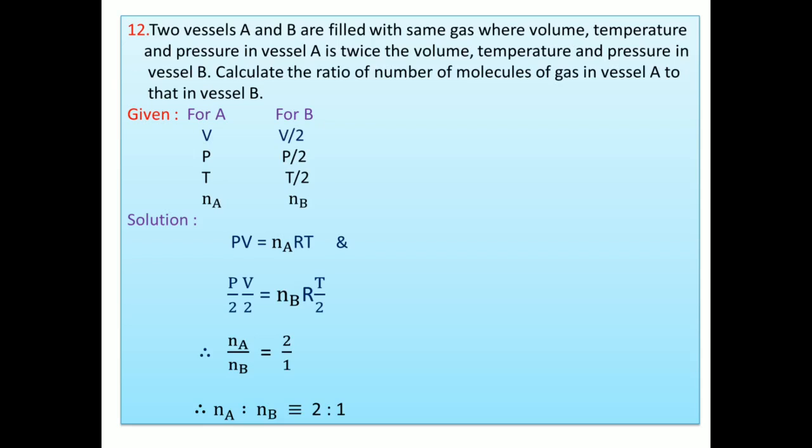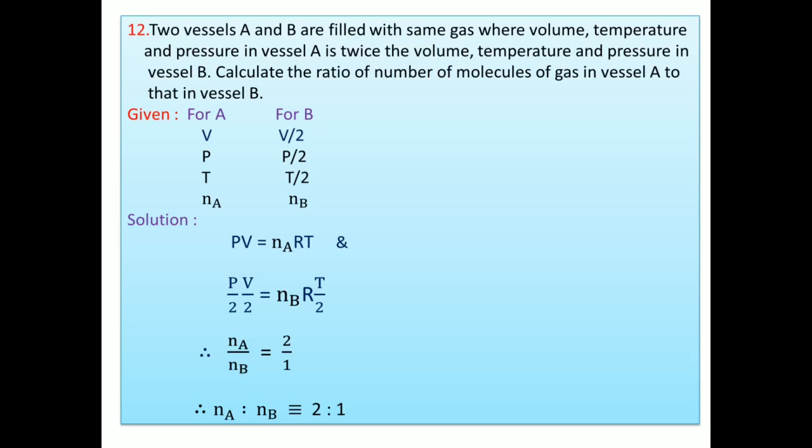Means if volume V is doubled, then how much is the volume of gas in vessel B? V by 2. Similarly, pressure is P by 2 and absolute temperature is T by 2, and number of moles is said to be N B.